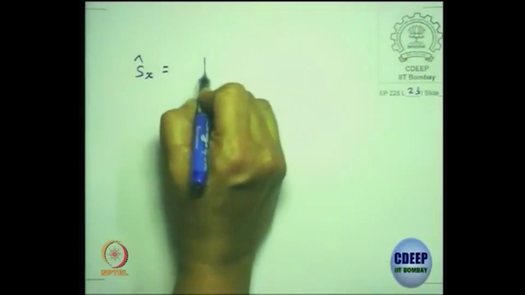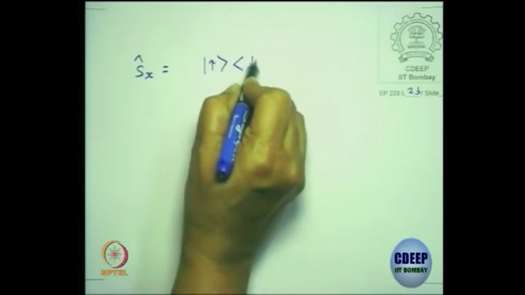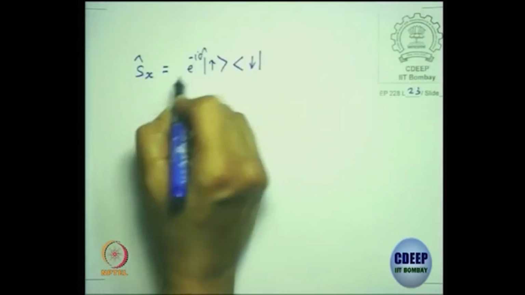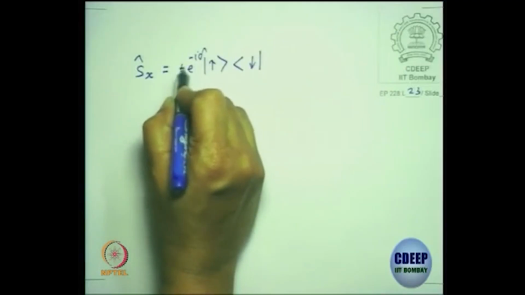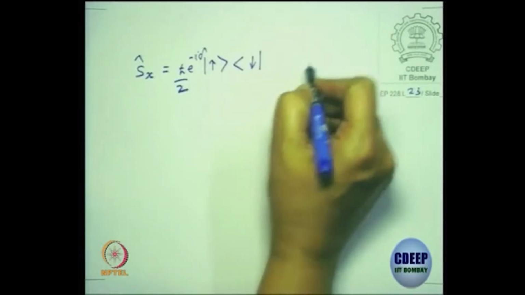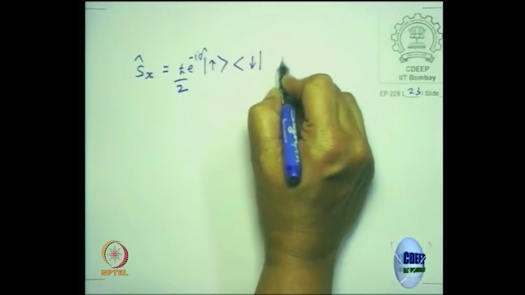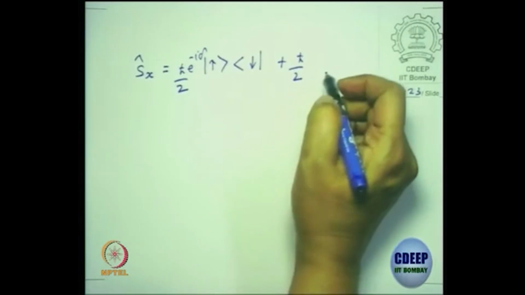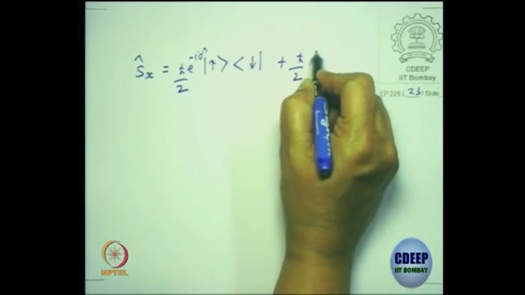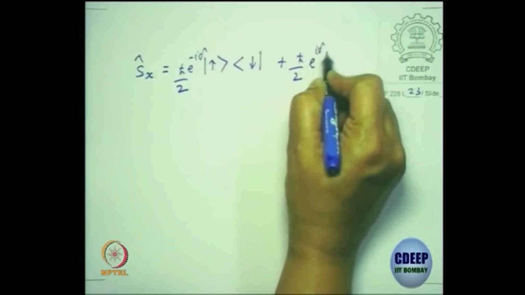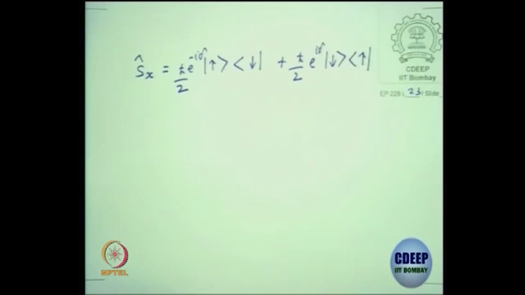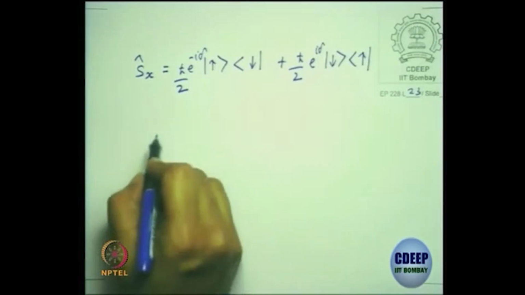Sx is up, down with e to the power of minus i delta, h cross by 2, plus h cross by 2 e to the power of plus i delta down, up. So what will this be in matrix form?